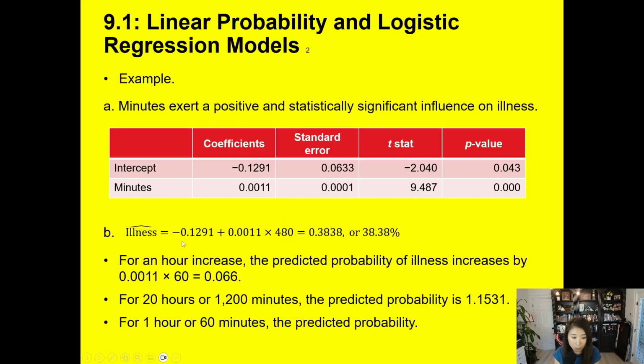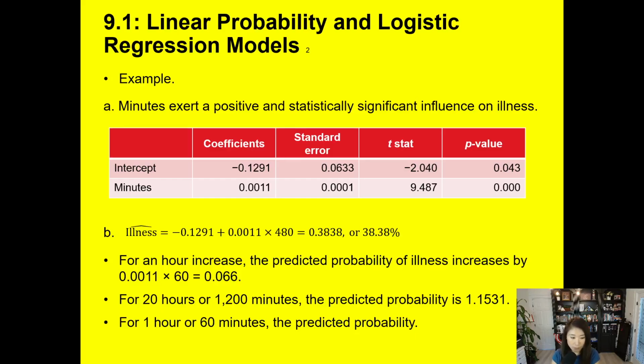We plug into this equation and get a value equal to 0.3838. So if they spend 8 hours on average outdoors without a mask, the probability for this person developing the respiratory illness is 38.38%.